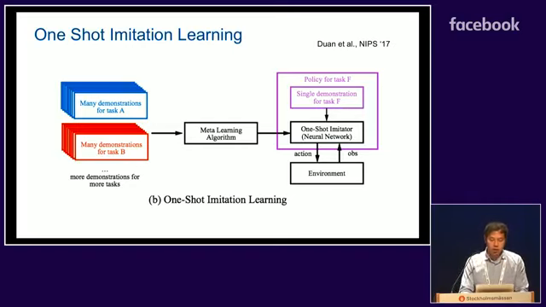And in the case where we have multiple related tasks, however, the question is, can we come up with a way to do this more efficiently? And the idea of one-shot imitation learning by Duan et al. in 2017 is to pool together a distribution of tasks and then train a neural network policy so that at test time, the neural network policy can generalize from a single demonstration of a previously unseen task.